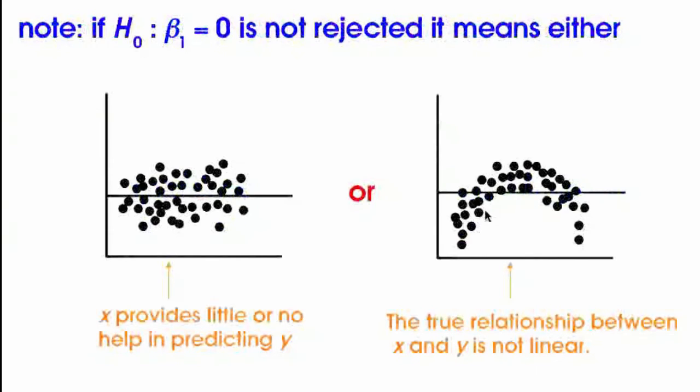There truly is a strong relationship between x and y, but when we fit a straight line to these data, we fit the wrong model, and we think that the slope is 0. So we have to work on that to see which of these two models we're in. Is it that we truly have no association, or is it that we have a strong association, but it's just not a linear one?